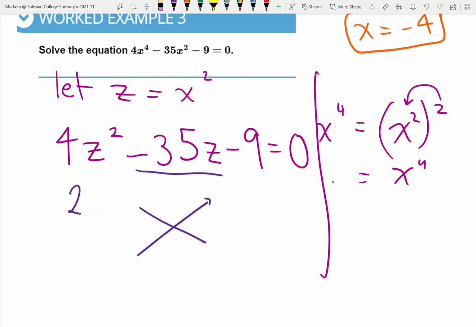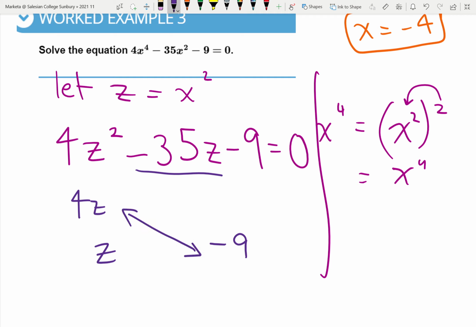And as I said, as you get more used to these, you will easily identify the pairs. So I'm going to go 4z times z. I need quite a large number, so negative 35, well, quite small, but I think I'm going to put negative 9 here, because then I've got negative 36 here, and then positive 1 here.